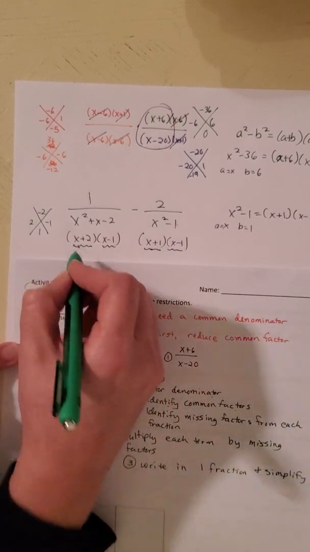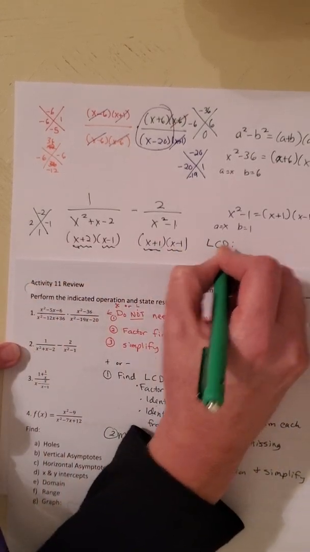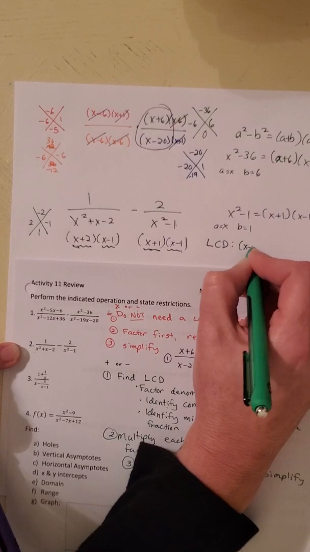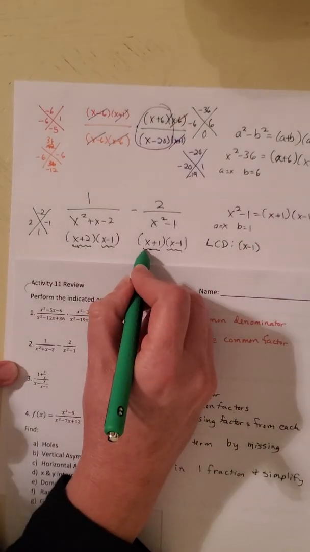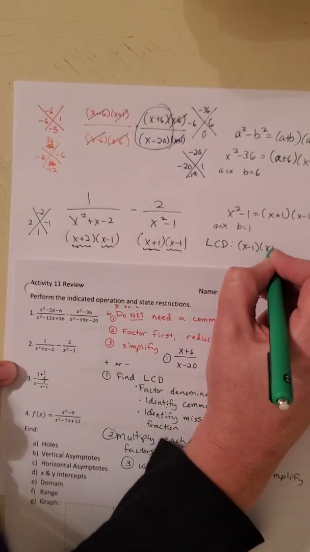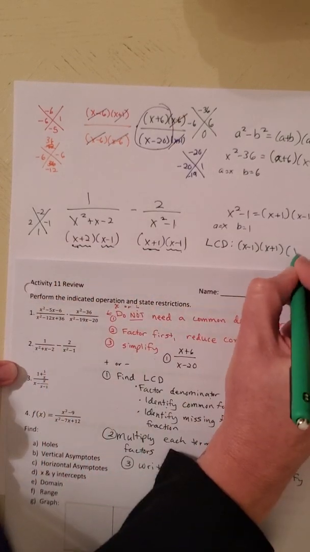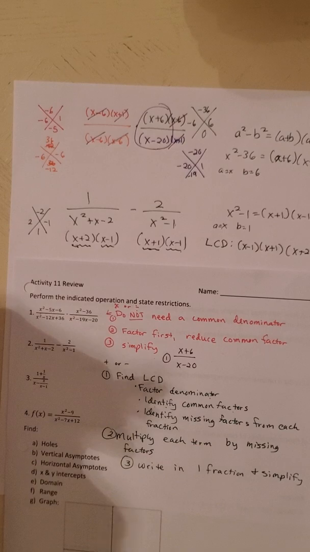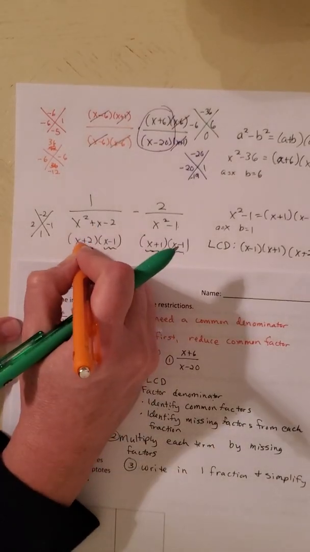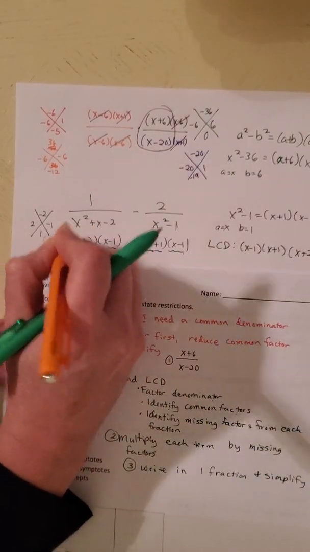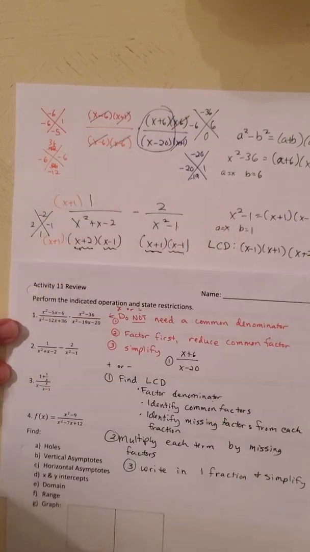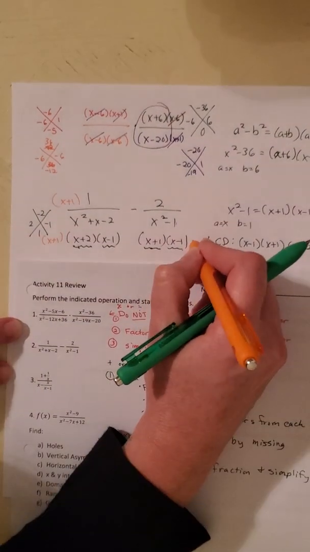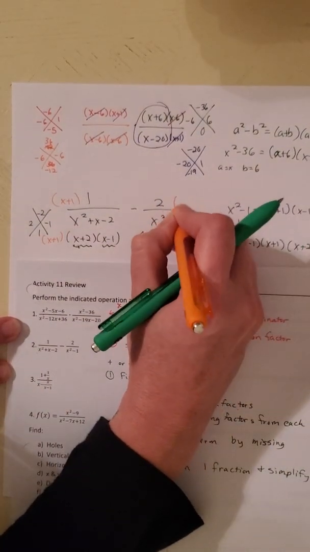So again, my LCD has to have the common factor, x minus 1. It also has to have this factor, x plus 1, and this factor, x plus 2. So that is my LCD. So I'm going to multiply this fraction by x plus 1, and whatever you do to the denominator, you must do to the numerator. And this one I'll multiply by x plus 2.